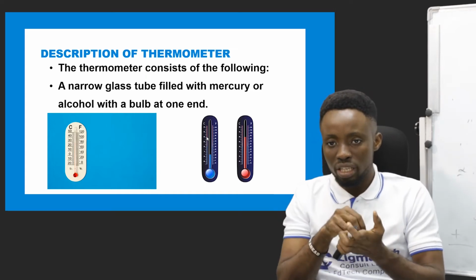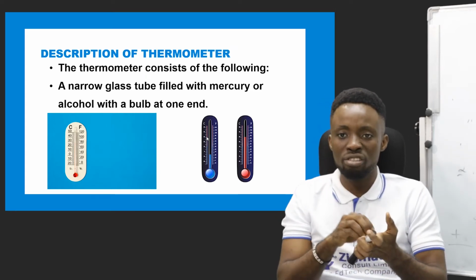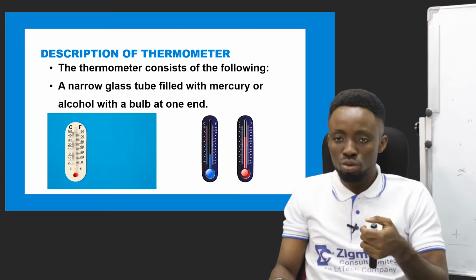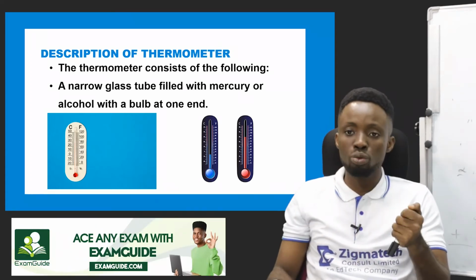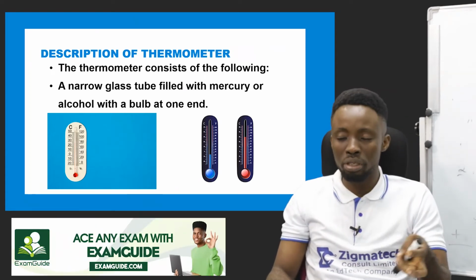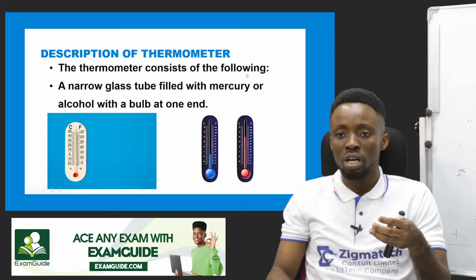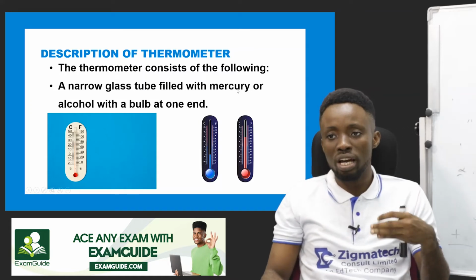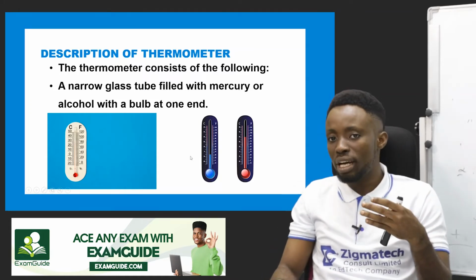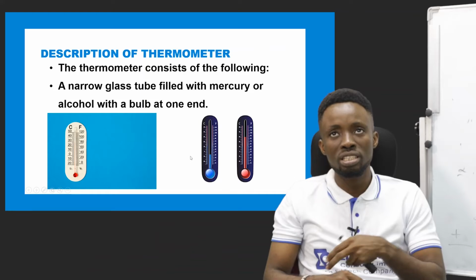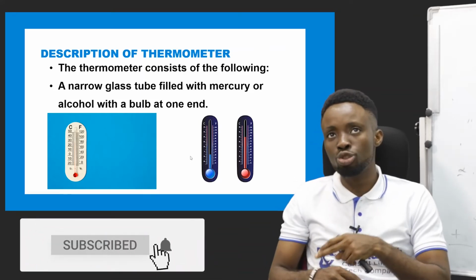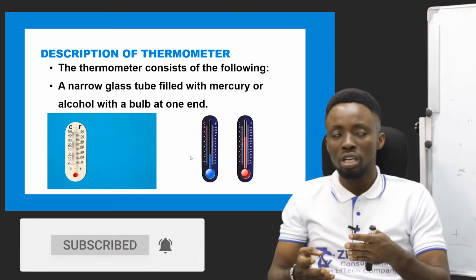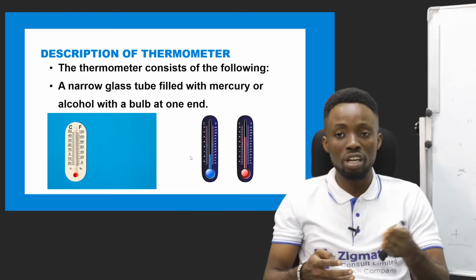And this liquid in every thermometer is called a thermometric liquid. Now, the two major thermometric liquids that are found in thermometers all over the world include alcohol and what? And mercury. And why they actually call it thermometric liquid is that they respond to changes in the what? In the temperature of the environment.